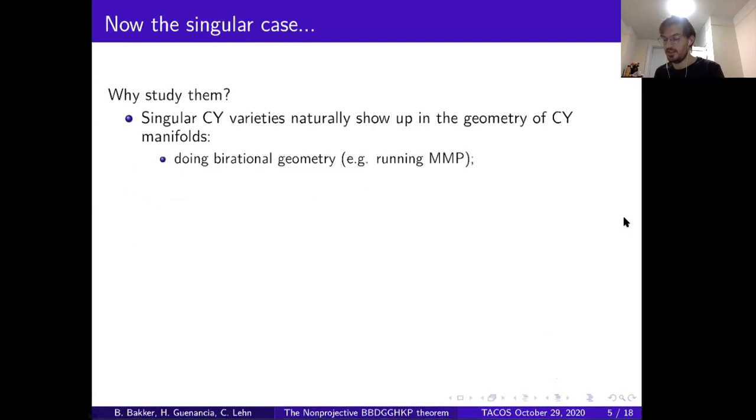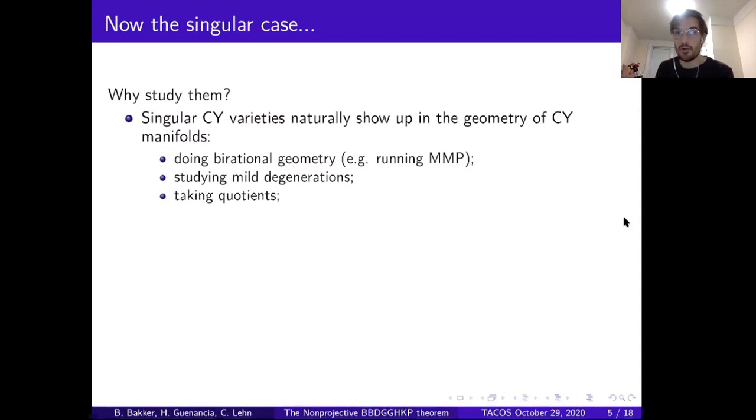So for instance, if we run the MMP, then we know that certain mildly singular varieties are produced. Or when we're just in general doing birational geometry of Calabi-Yau varieties, I may produce singular objects. Also, when I study degenerations of Calabi-Yau varieties, certain mild degenerations will produce singular Calabi-Yau varieties.